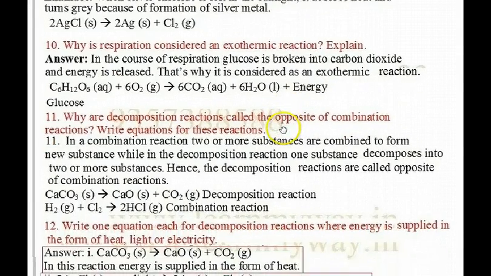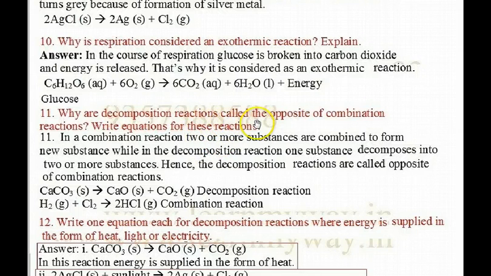The next question is, why are decomposition reactions called opposite of combination reactions? Write equations for these reactions. Well, you know, a decomposition reaction is the one in which a substance is broken down or decomposed into two or more substances, while in combination, two or more substances combine to form one substance. So here are the examples.